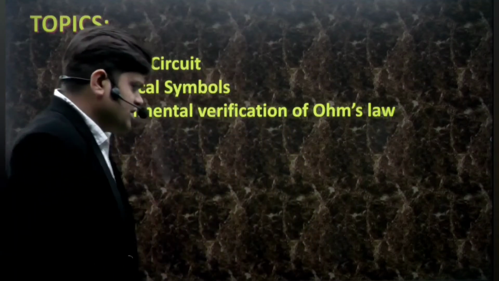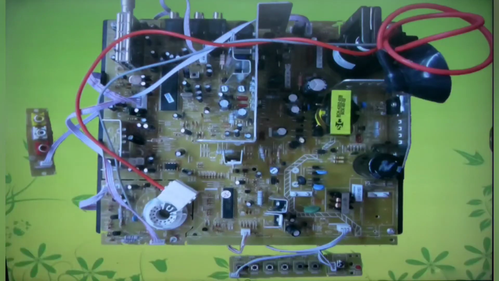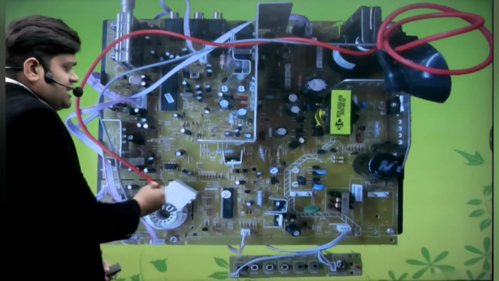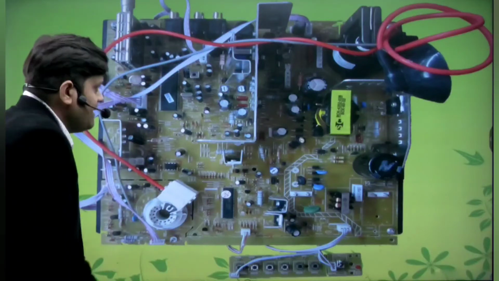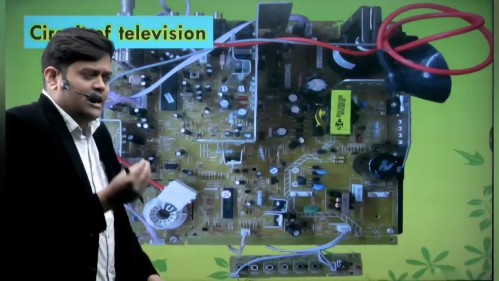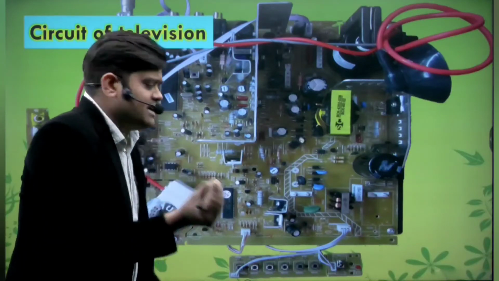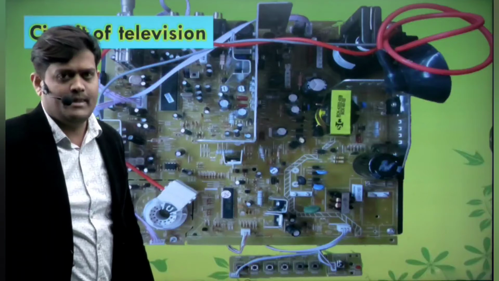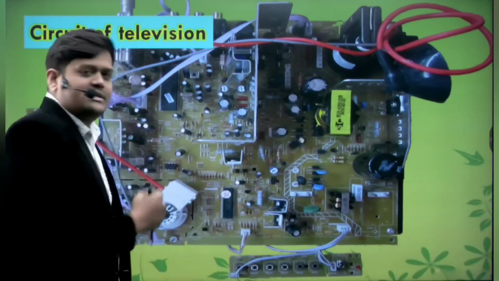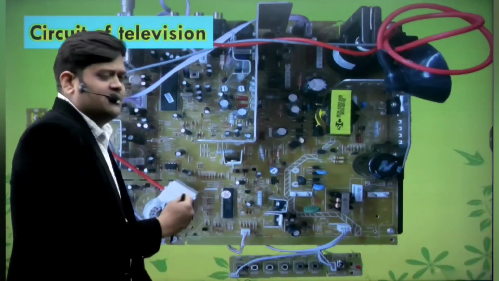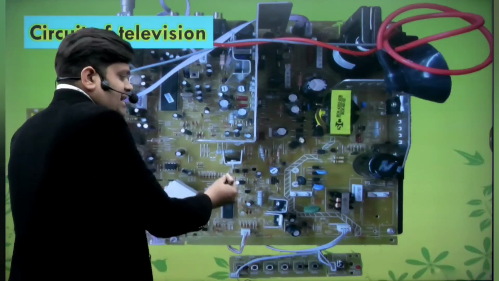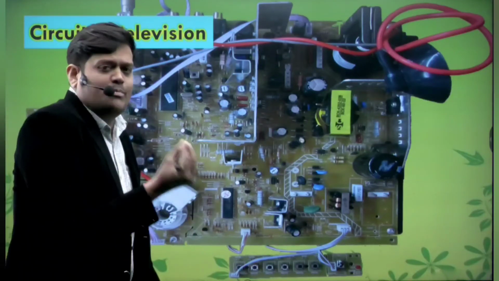Okay, so first of all, let's see the circuit. In this circuit, first of all, the circuit is of television. Okay my dear, the circuit is of television, right? And in this circuit there are many electrical instruments attached, like the resistor, inductor, capacitor, transformer, transistor, etc. So these are the electrical instruments, electrical equipments.